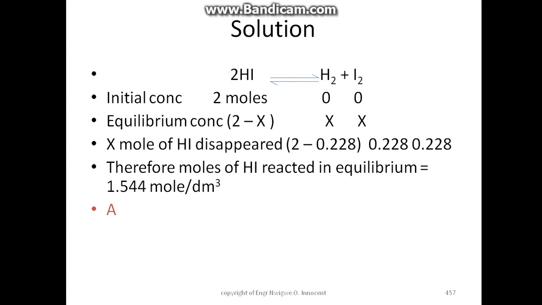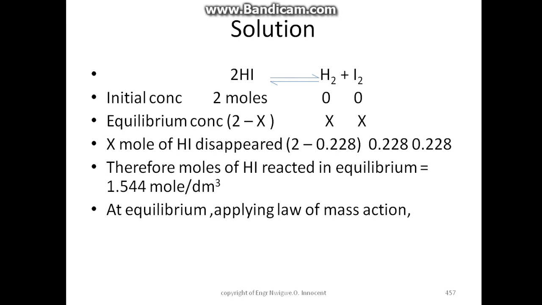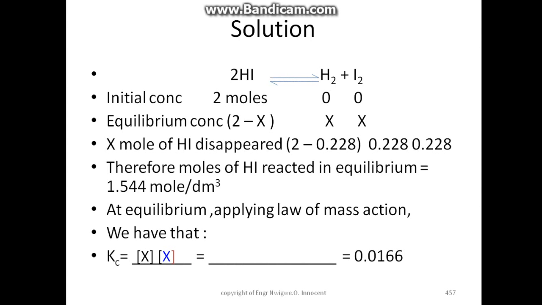At equilibrium, applying the law of mass action, we have that Kc is equal to the molar concentration of x times the molar concentration of x over 2 minus x molar concentration raised to power 2, which is 0.228 times 0.228 all over 2 minus 0.228 squared, which will give us 0.016.